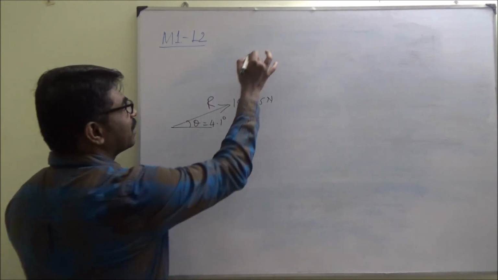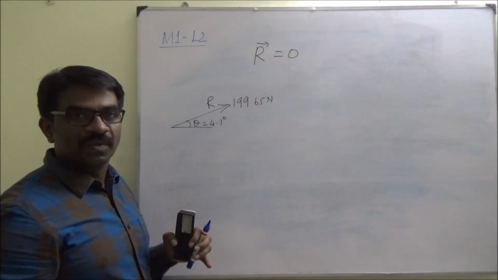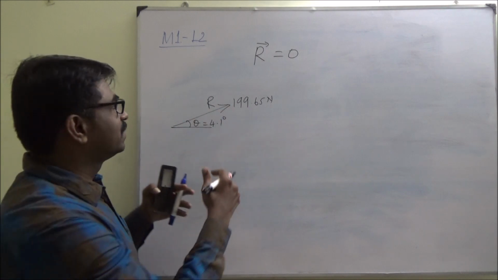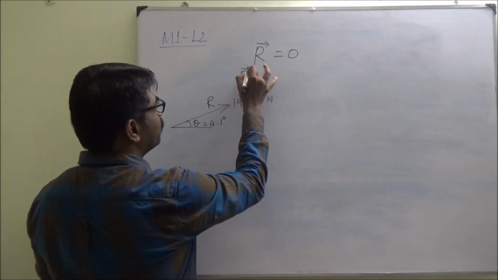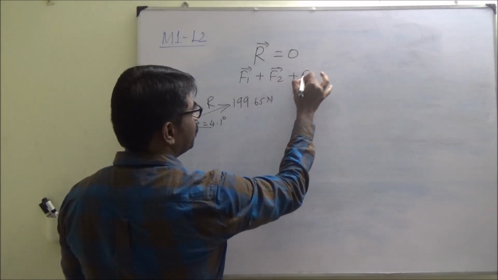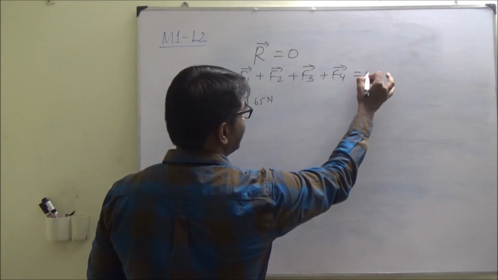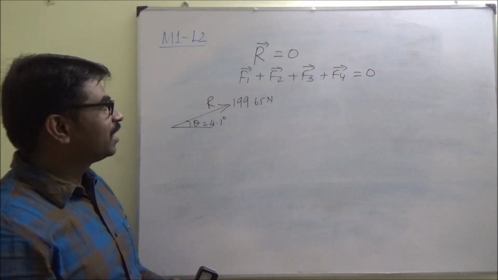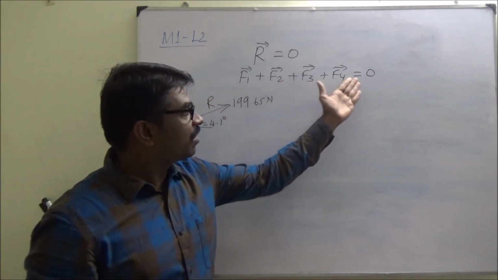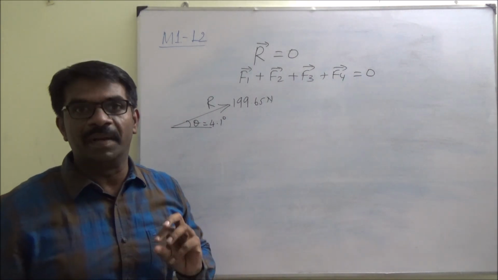So it is a vector. If you are representing it as a vector, this has to go to 0. You had 4 forces. So F1 force vector, F2 force vector, F3 force vector plus F4 force vector, that is going to 0. If the vectors are going to 0, then the body is in equilibrium.